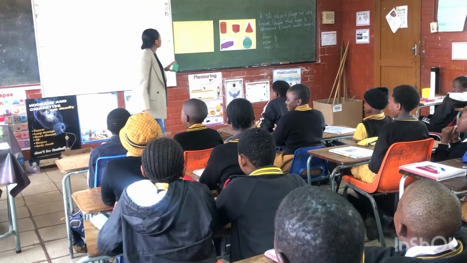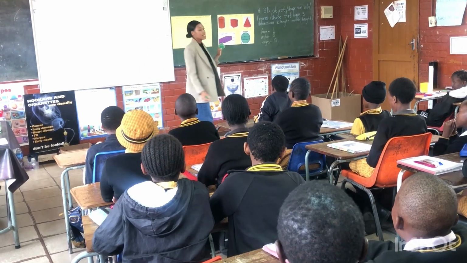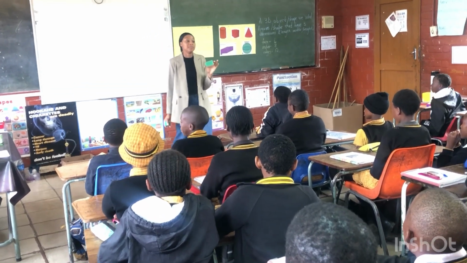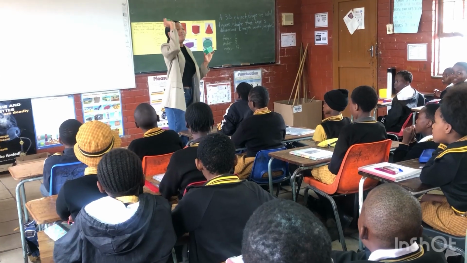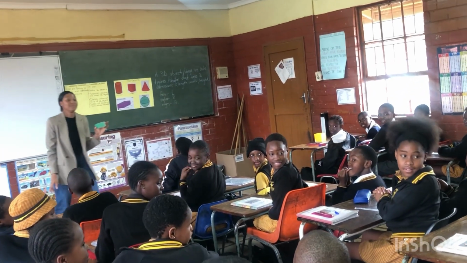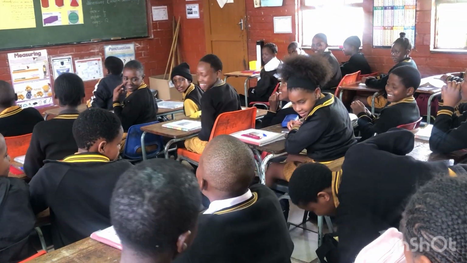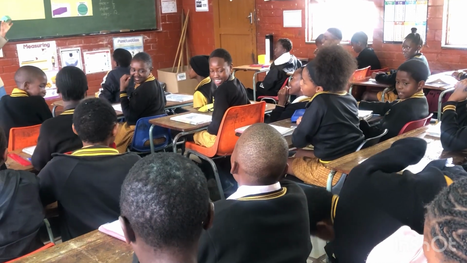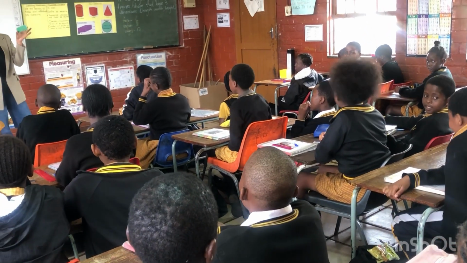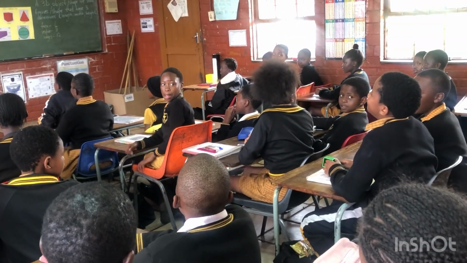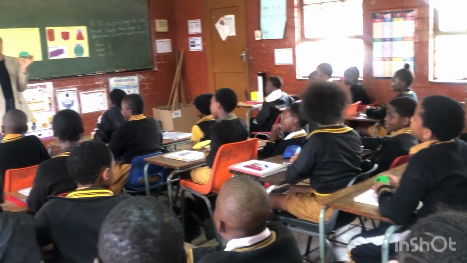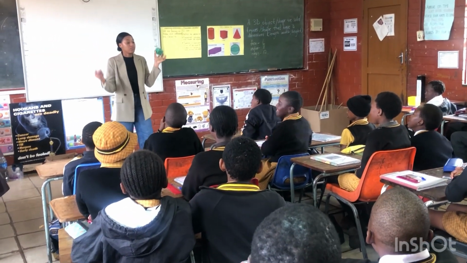And then we're looking at the vertices. How many vertices does a rectangular prism have? 8. 8 vertices. Is she correct? Yes.